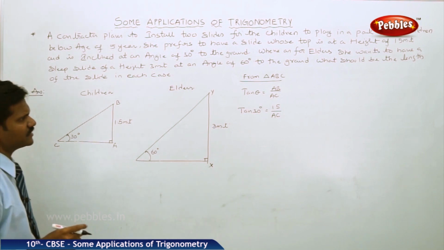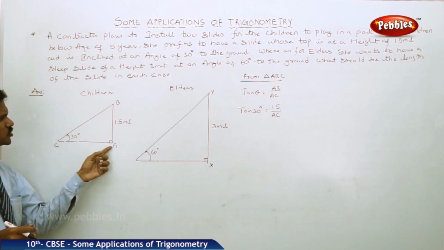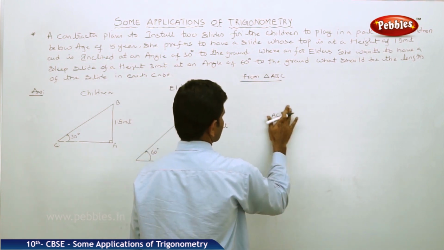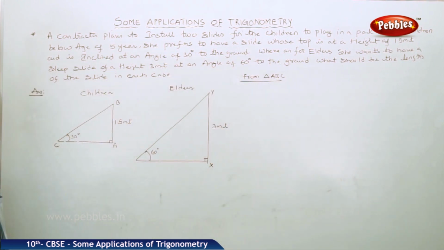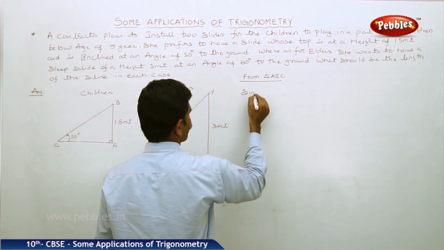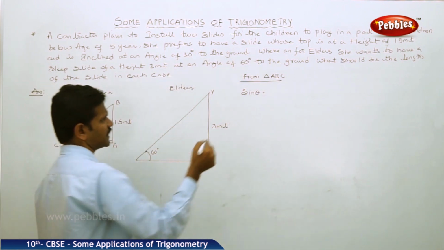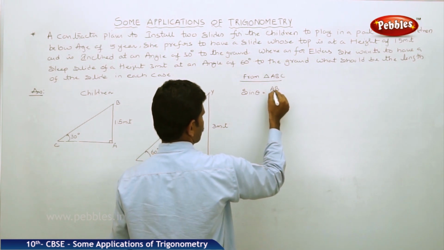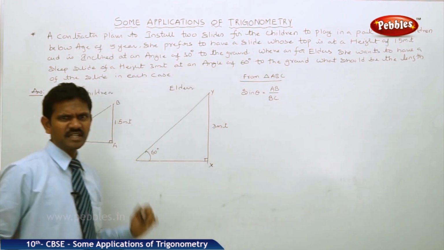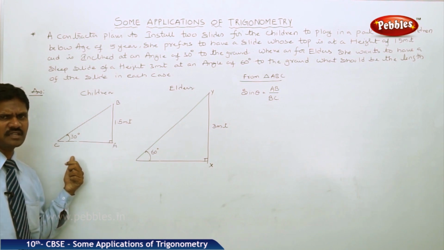Now in this case we have to find out BC, there is no use of AC, that is why we have to consider the trigonometric function as sin theta. Sin theta is equal to opposite side AB by hypotenuse BC. If you consider the tan function, opposite side is 1.5 and adjacent side is AC.